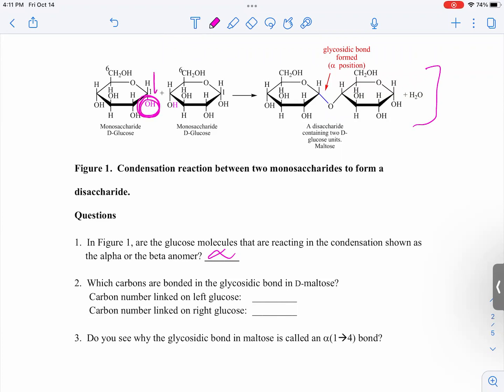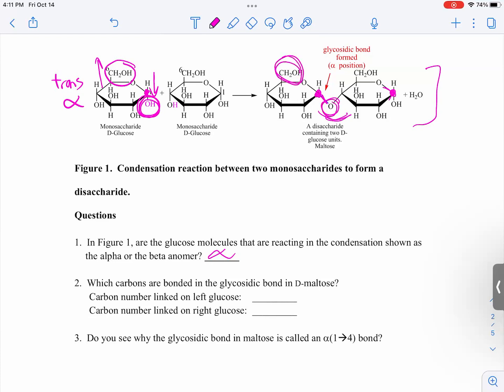You have this hydroxyl facing down and this carbon 6 group up. That's across from each other, so that's trans. That's alpha, right? And you see this is the anomeric carbon that is participating in the condensation, right? Here's another anomeric carbon, it's bound to 2 oxygens, but it's not participating in the bond, right? The linkage.